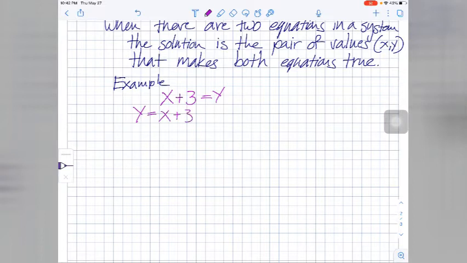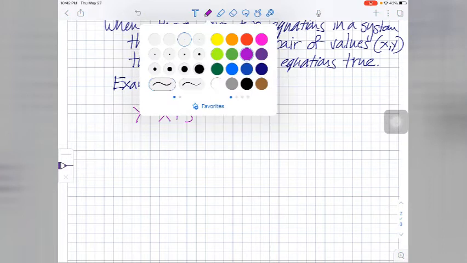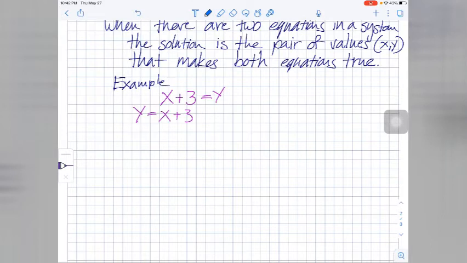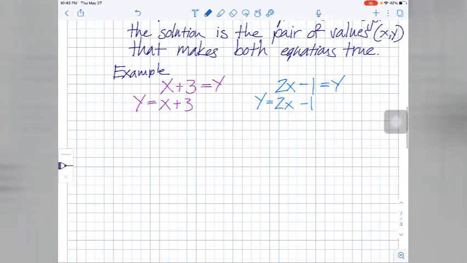It would be the exact same thing either way. And then the other one is going to be 2x minus 1 equals y. So 2 times x minus 1 gives you y. You could also write that as y equals 2x minus 1. Either way, these are the same, just rewritten in the opposite direction.